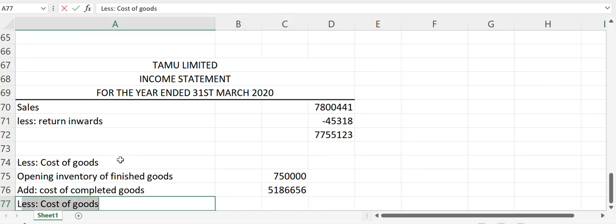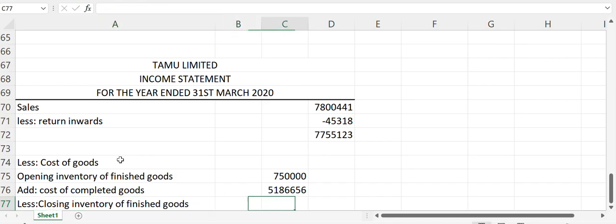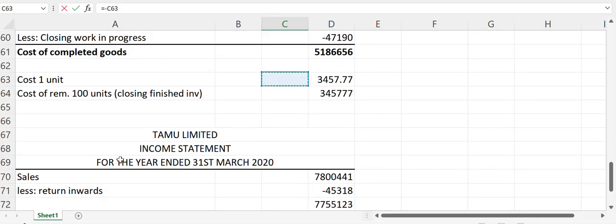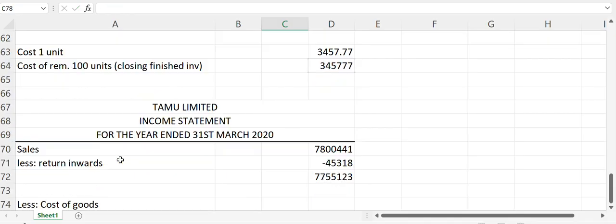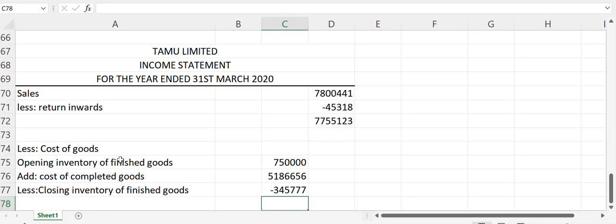Then you say less closing inventory of finished goods. It is there. We've already computed it. Finished goods, they had 100 units. Okay, so that is that.